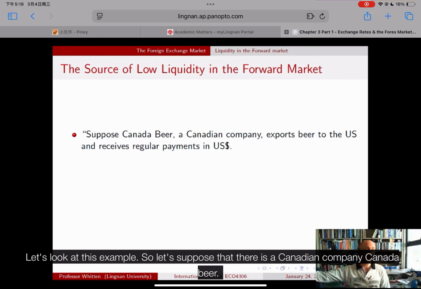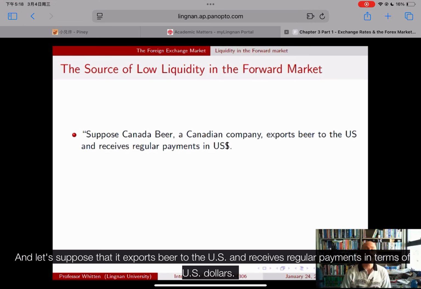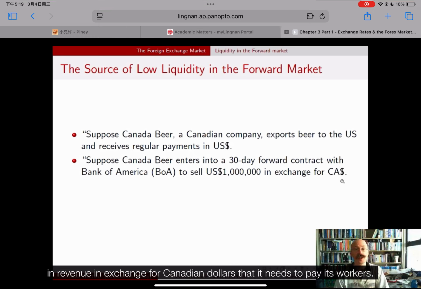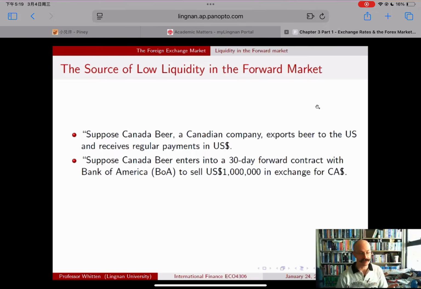So let's suppose that there is a Canadian company, Canada Beer, and let's suppose that it exports beer to the US and receives regular payments in terms of US dollars. And let's suppose Canada Beer enters into a 30-day contract to sell $1 million American dollars that it will earn in revenue in exchange for Canadian dollars that it needs to pay its workers.